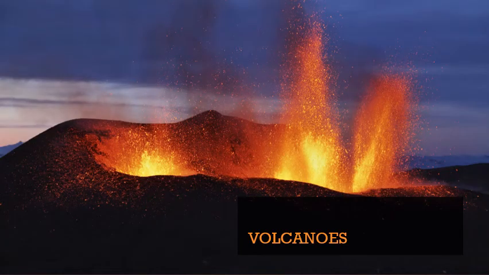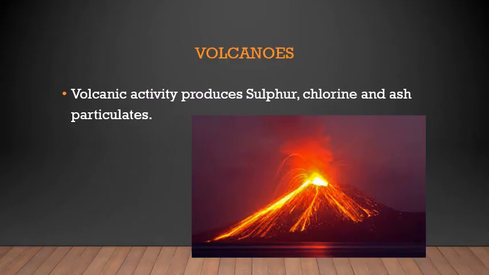Next are volcanoes. How do volcanoes affect air pollution? Volcanoes are openings on large mountains where lava from inside the earth comes out. Volcanic activity produces sulfur, chlorine and ash particulates, which are very harmful and act as air pollutants during a volcanic eruption.